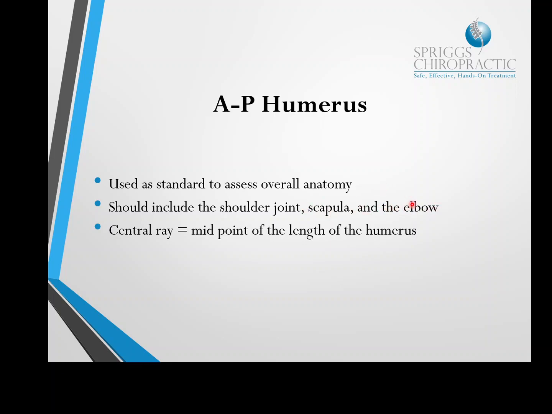Again, same reason as to why you would take the forearm view and include the distal and proximal ends of the forearm. So you've got the elbow and the wrist included because of the mechanism of injury. If you've got a patient who has fallen onto an outstretched arm, you can have fractures and dislocations of either end.